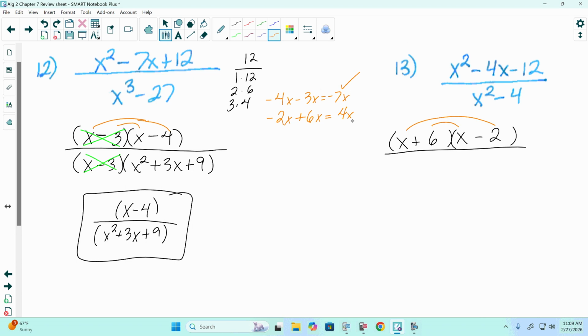Is that the middle term we wanted? Yes and no. Yes, it's the correct number, but no, it's not the right sign. So all we need to do is flip them, and that'll tell me that I have positive 2x minus 6x, giving me the negative 4x. Okay, that is the middle term we wanted.